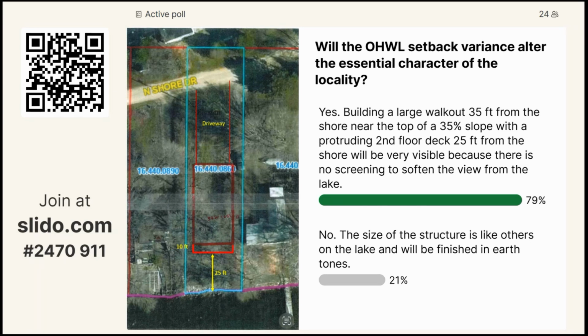So I think in this case, the yes version is a much better finding. Oftentimes we see earth tone colors used as something that can support essential character, but while that's not unimportant, it's really not the only thing to be considered when you think about character, especially in a shoreland area where water flow and impact on vegetation are big factors affecting essential character.